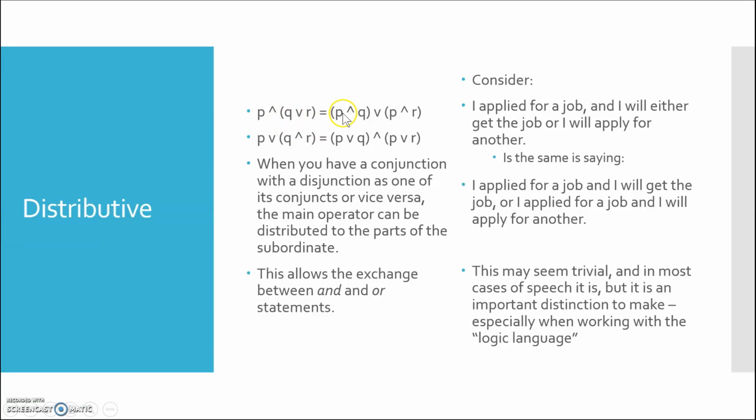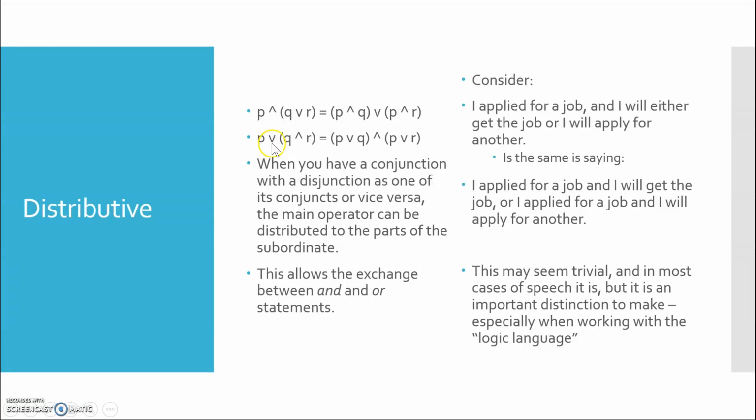So therefore you get P and Q or P and R. To read the entire thing out, P and Q or R is the same thing as saying P and Q or P and R. And this works similarly for disjunctions which have a conjunct as a subordinate.